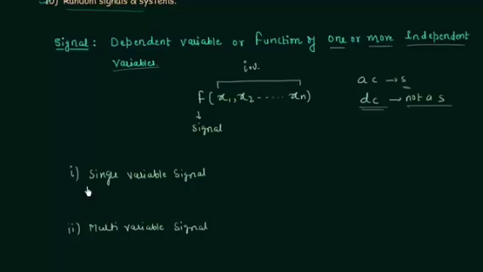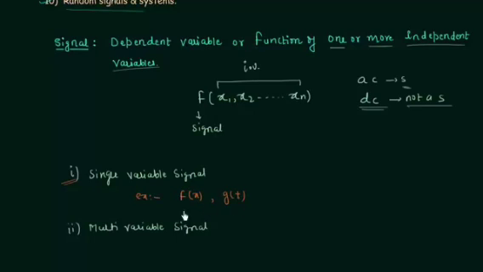As the name suggests, a single variable signal is the signal which only depends on one variable, or we can say a function of only one variable, and the multivariable signal is the signal which depends on more than one variable. In this course, we have to deal with single variable signals only, so we will focus on single variable signals, and the examples are like f(x) or g(t).